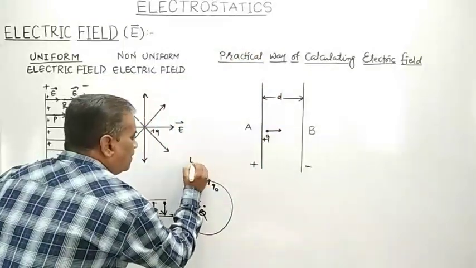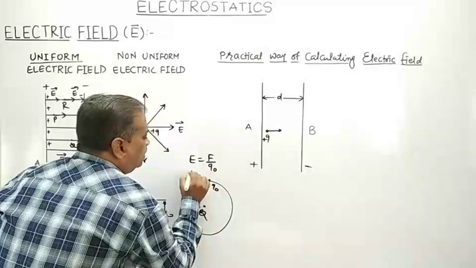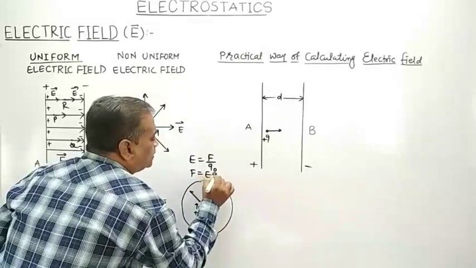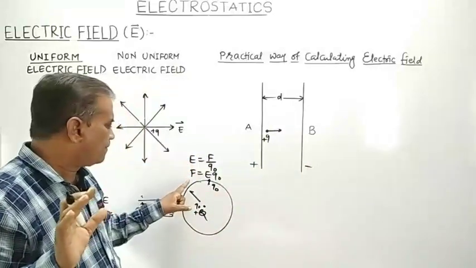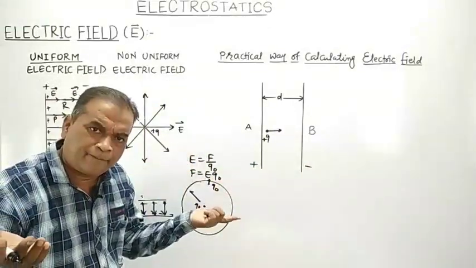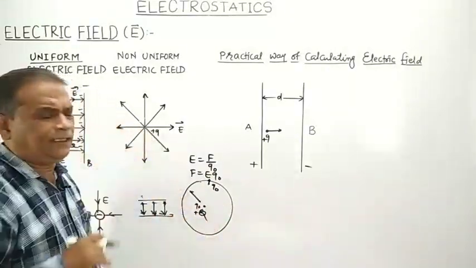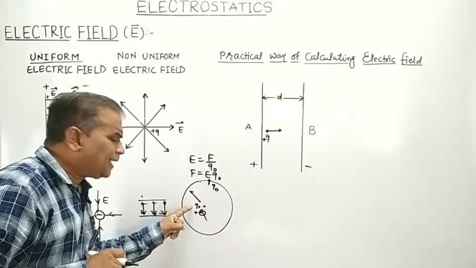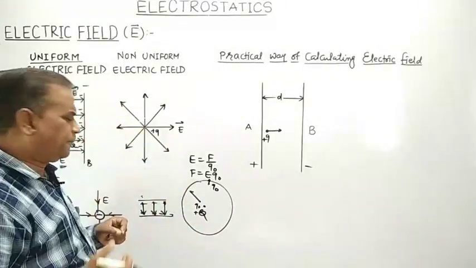It means, from the definition, E is equal to F by Q0, or the force experienced by a test positive charge is equal to E into Q0. Q0 is the same. So here at the nearer point, that test positive charge will experience a more force of repulsion.